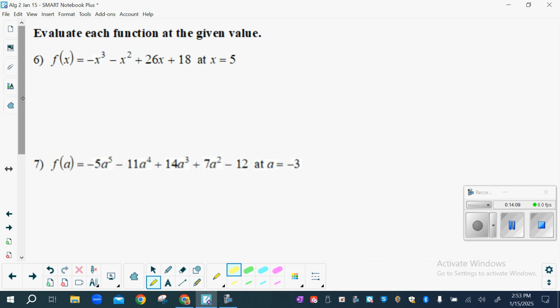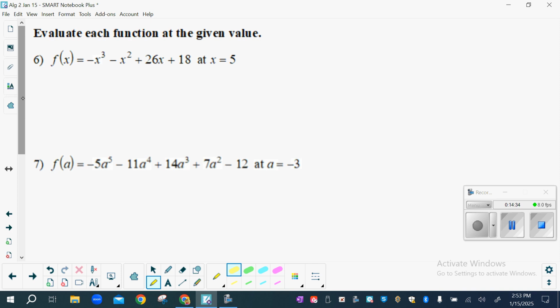It starts with an F, it's a certain notation. What notation is it? Function notation.